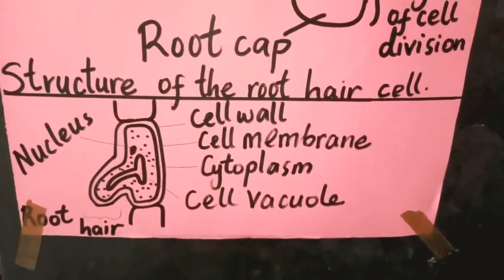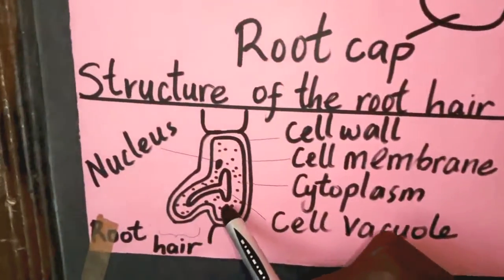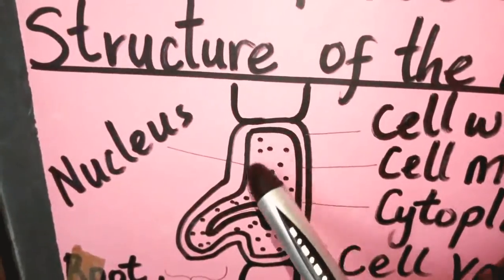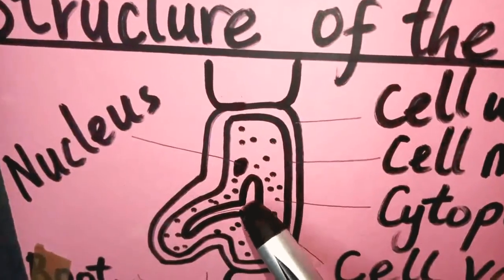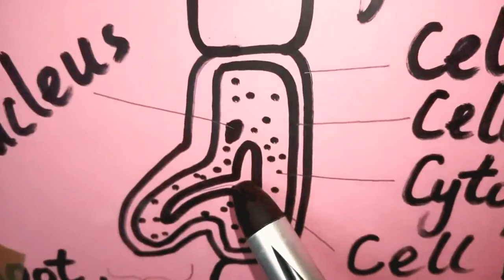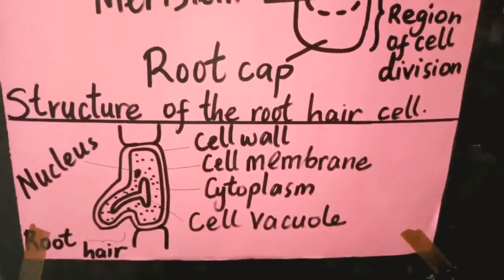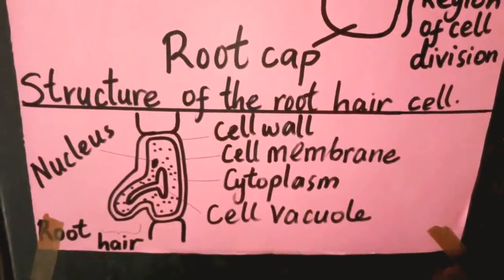Those adaptations include, it has a highly concentrated sap which enables it to absorb water from the soil. Therefore, we say that the highly concentrated sap increases osmotic pressure, and it increases surface area for absorption. The root hair cells are also numerous in number.